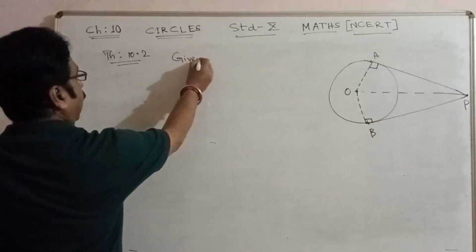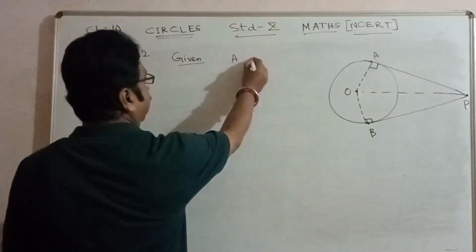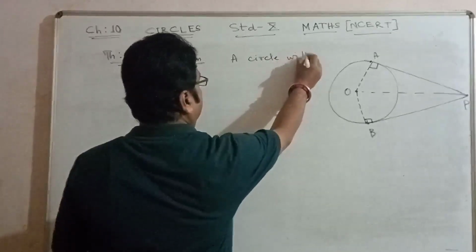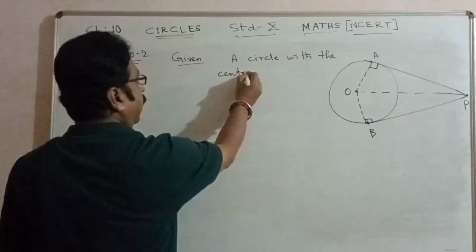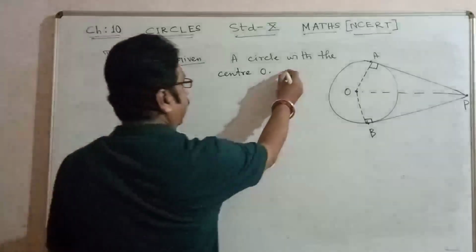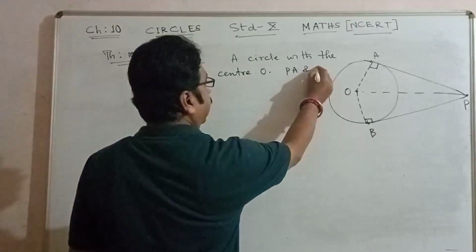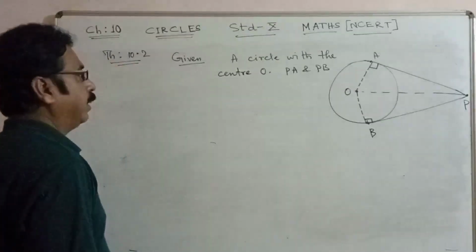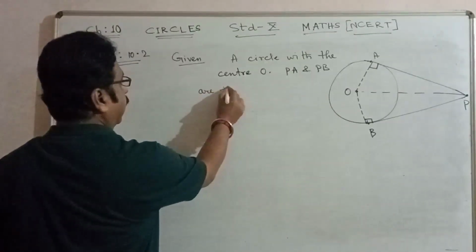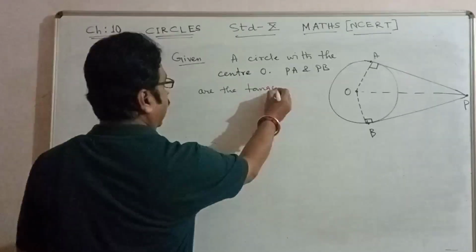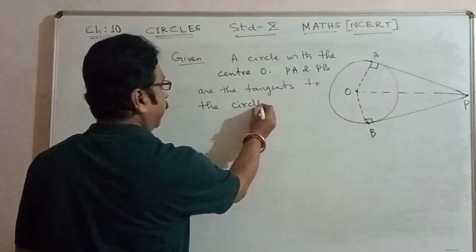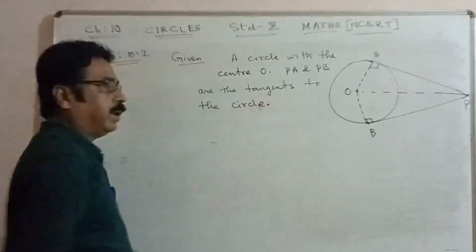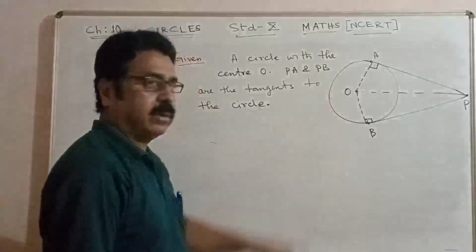What are the given points? A circle with center O, PA and PB are the tangents to the circle.